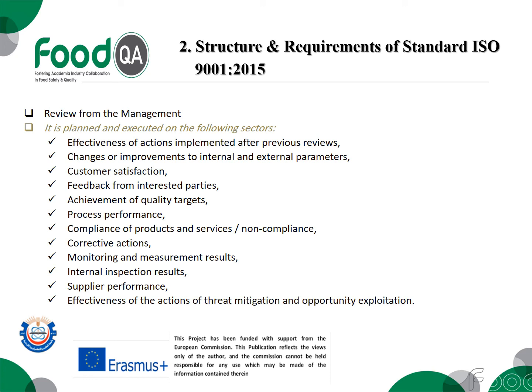Review from the management. It is planned and executed in the following sectors: effectiveness of actions implemented after previous reviews, changes or improvements to internal and external parameters, what changes took place or should take place, customer satisfaction, very important, feedback from interested parties, achievement of quality targets, process performance, compliance or non-compliance of product or service, corrective actions, what type of corrective actions we took in the organization, monitoring and measurement results, internal inspection results, supplier performance, and effectiveness of the actions of threat mitigation and opportunity exploitation.